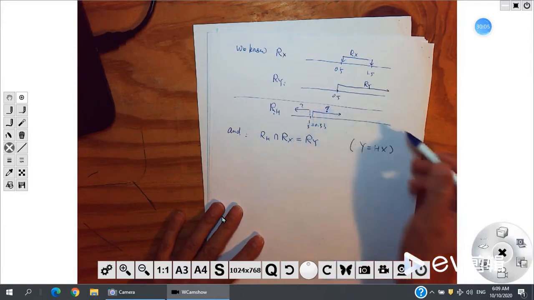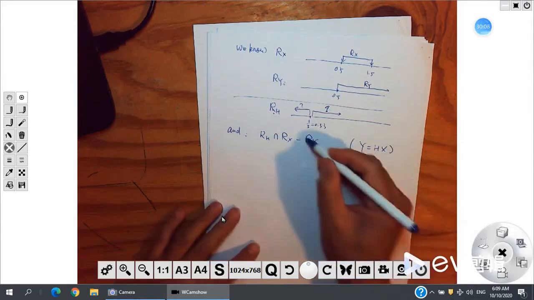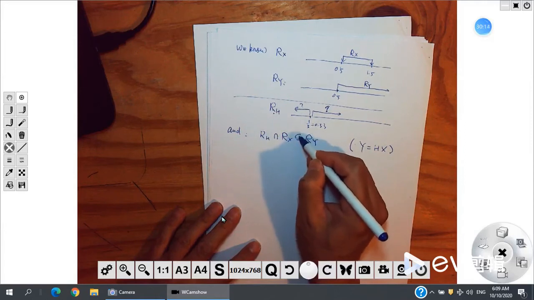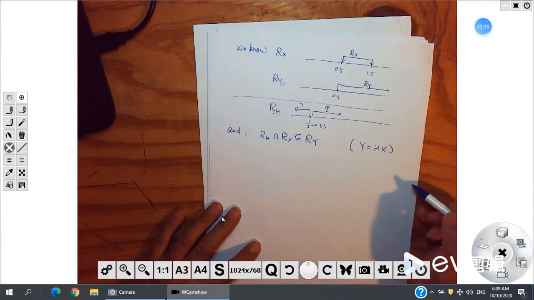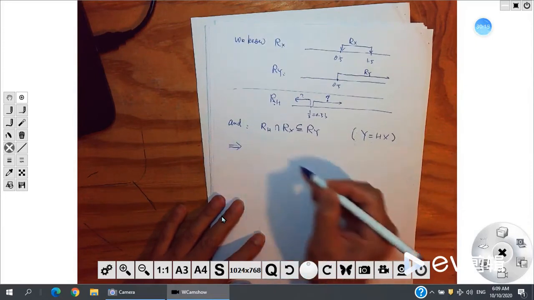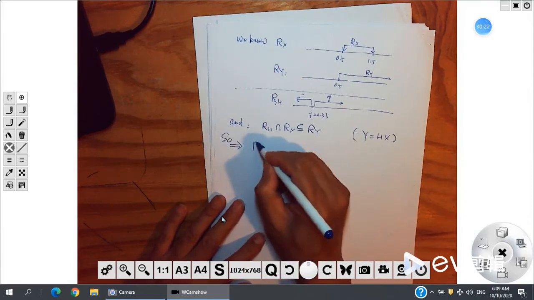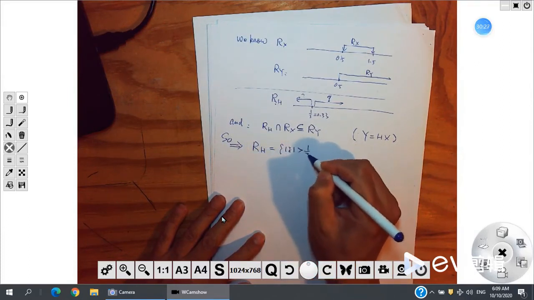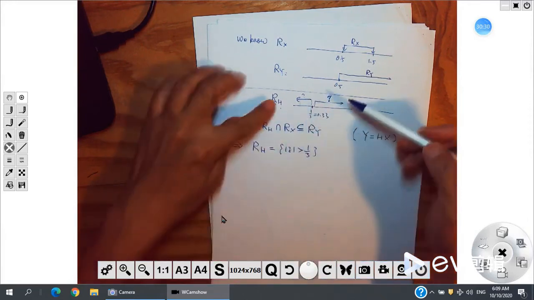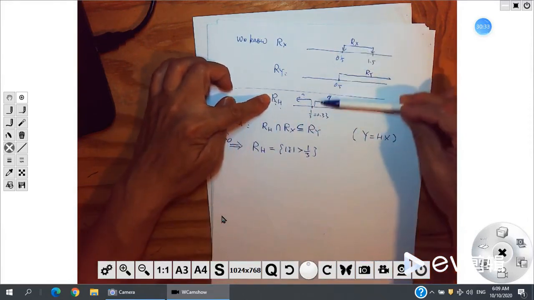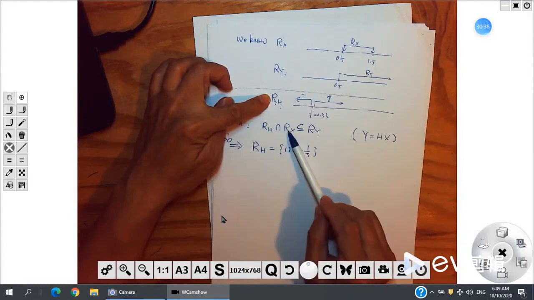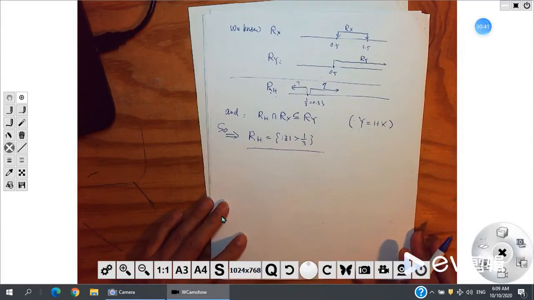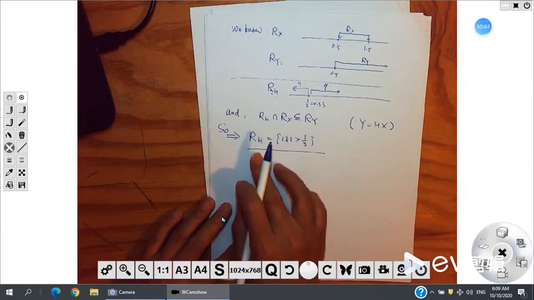This will be the ROC. The Ry may be larger than that. So the ROC of H will be z larger than 1/3. You cannot use smaller. Smaller than 1/3, Rx and RH have no common area, right? No common area. So now we have the H of z and its ROC.